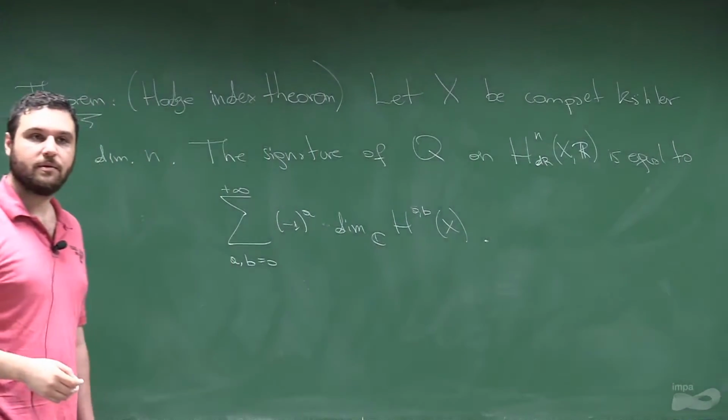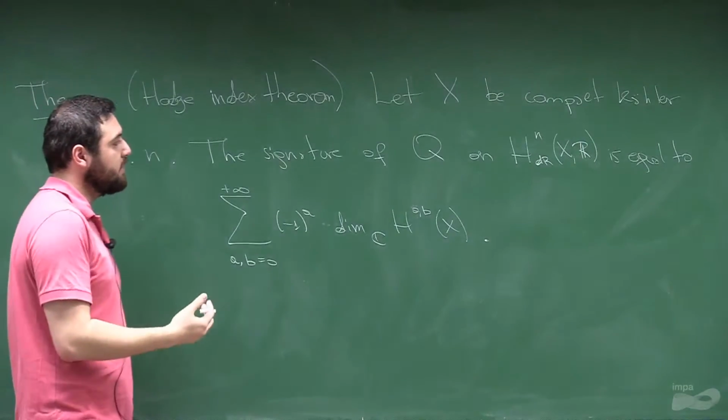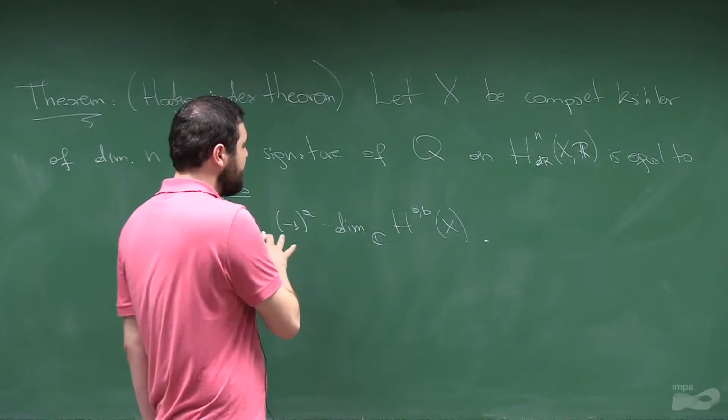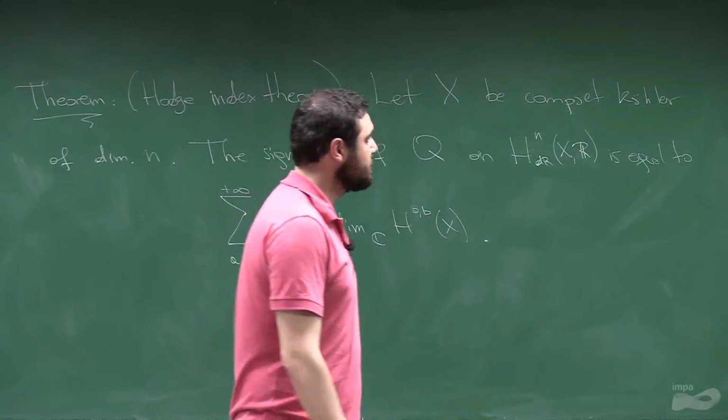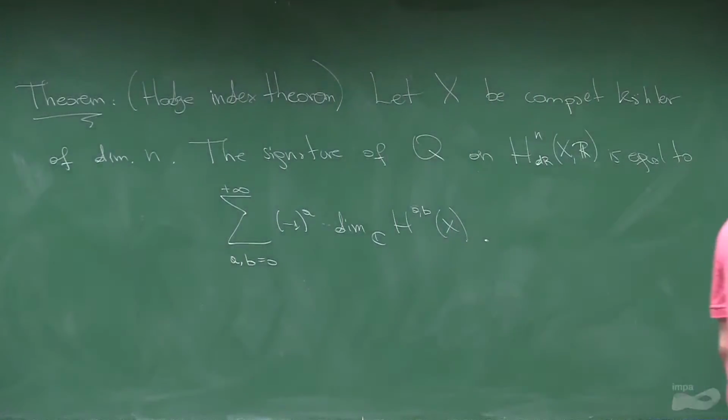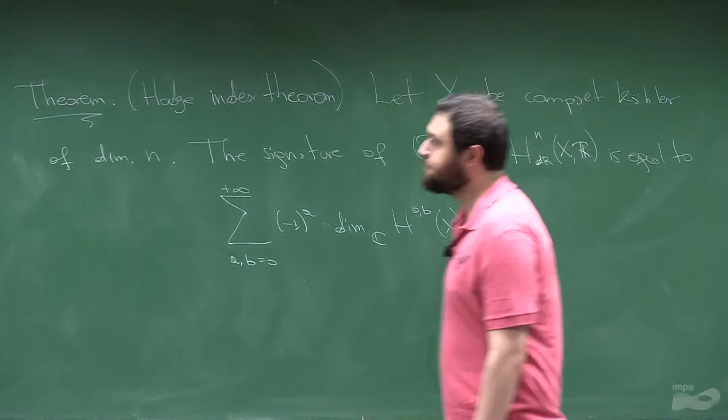Right? So we have a Q for every k, and I am saying that I can compute the signature for k equal to n. Okay? So it will be n, this disappears, and we have this decomposition, with degree n minus 2r.